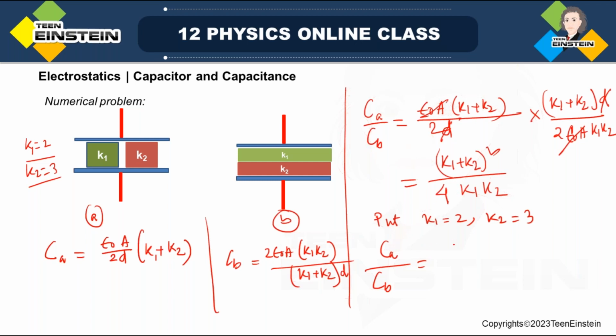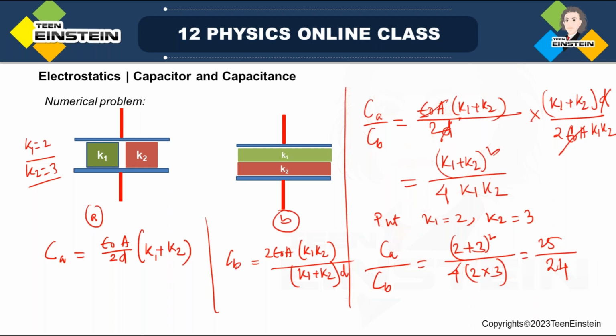So K1 and K2, we will put this, divided by 4 times 2 into 3. Okay, so this is actually 25 divided by 24. So this is actually the ratio.